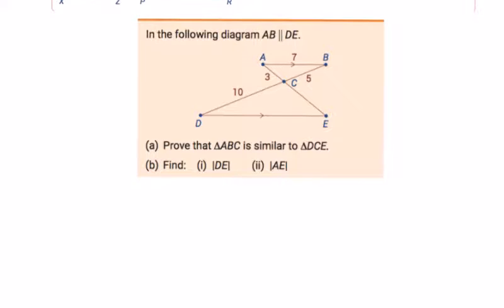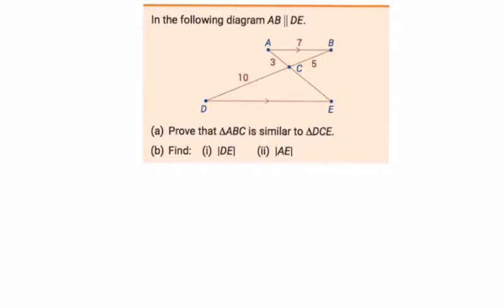So in the following diagram, AB is parallel to DE, and we're asked to prove that these two triangles ABC and DCE are similar. So the top triangle is similar to the bottom one. I'm just going to put my Z in to begin with here, and we'll get our alternate angles. So which angles are alternate? This one and this one must be the same due to alternate.